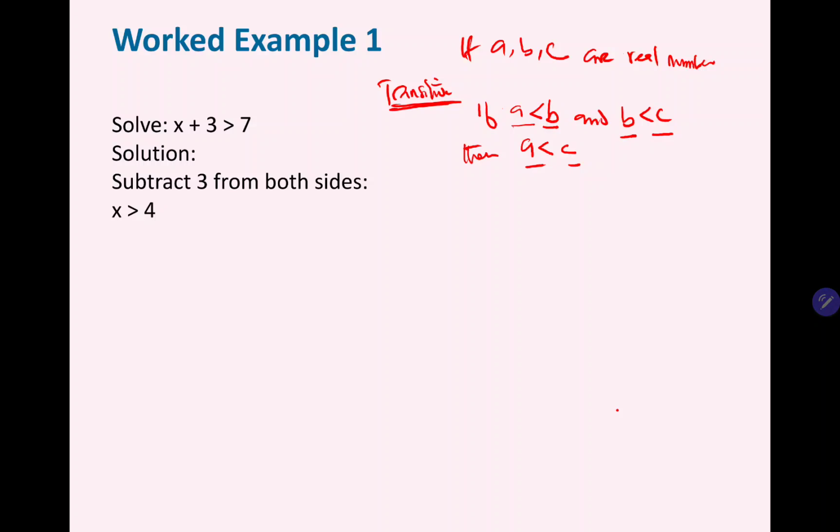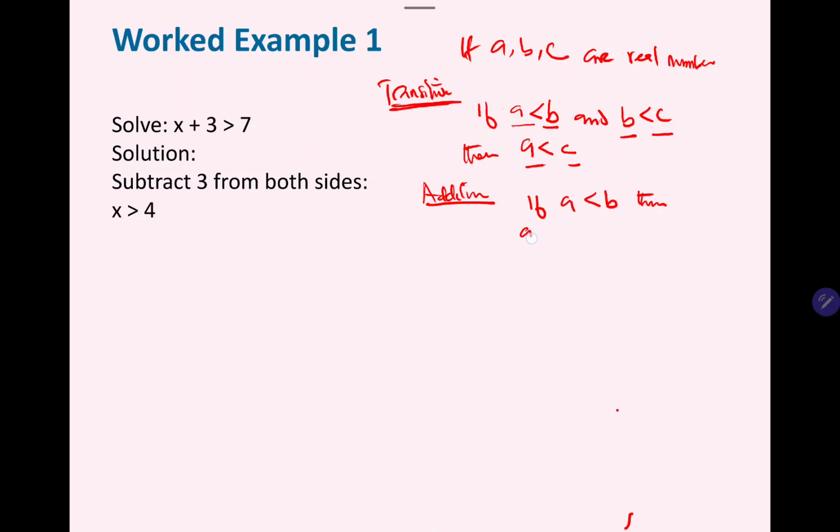Then we have another property of inequality, which is the addition property. So this says that if A is less than B, then, let me write it down, A plus C is less than B plus C. This is another logical statement.